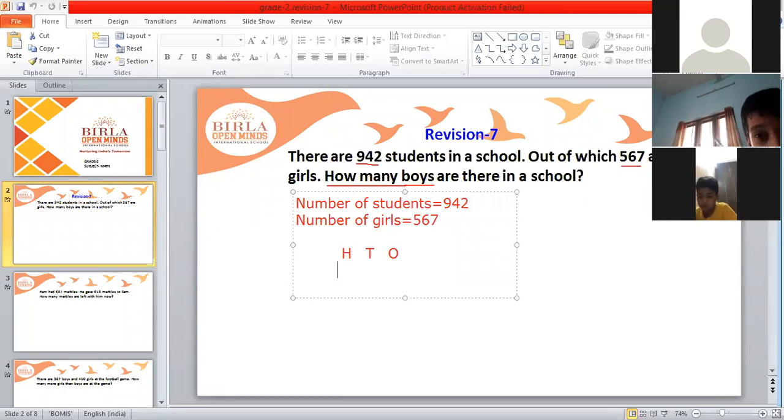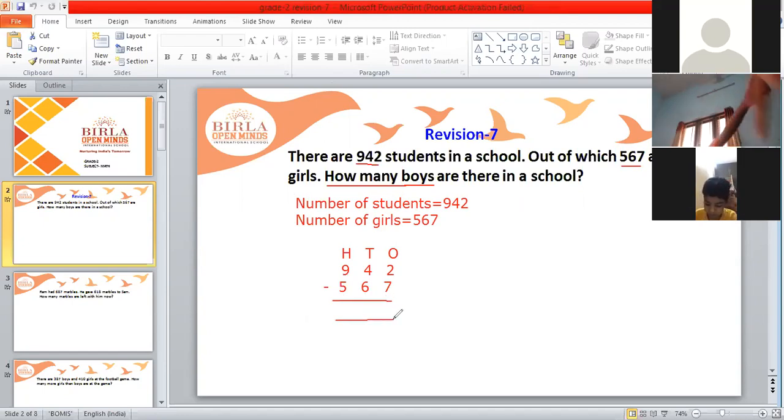Your biggest number is 942, so we'll write that first. Then we'll put a minus sign and write the next number, 567. After arranging them in columns, we will subtract.